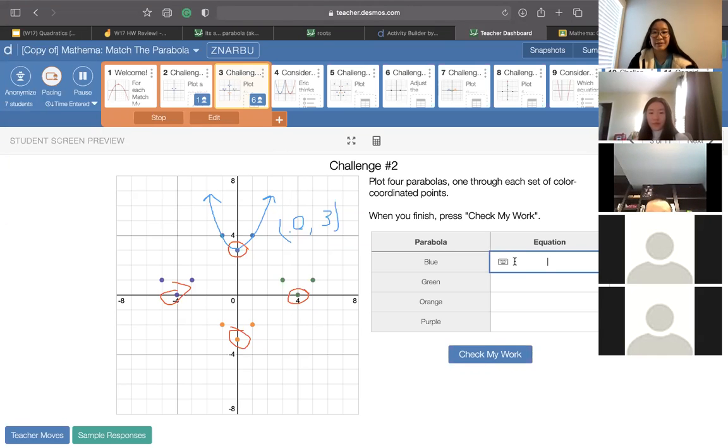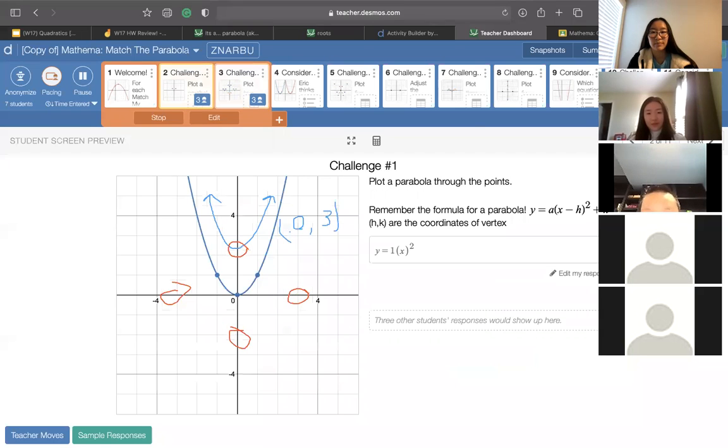And now we can use this to figure out what the equation is. So just as a challenge, does anyone know the equation of the blue one right now? All right, I'll give you 2 points. Can you go back to slide number 2 real quick? Okay, I got it then.